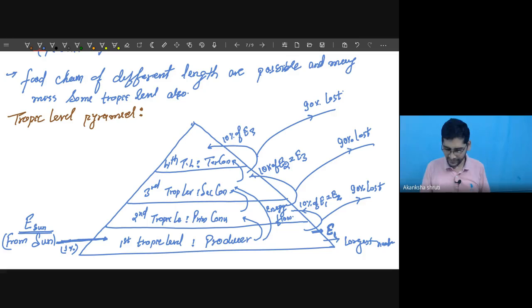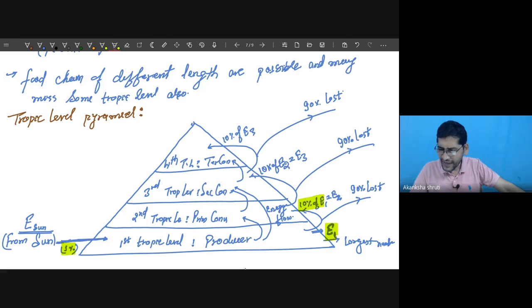So we have to write that, and we have to take one example, and based on that the question was asked, so that we are going to see. Here, students, in this figure you have to keep a few things in mind. Of the total energy falling on the earth, only 1% is fixed or absorbed by the plants and autotrophs. Whatever energy is taken, we call that E1. So E1 is just 1% of E sun. Now 10% of this E1 constitutes E2.